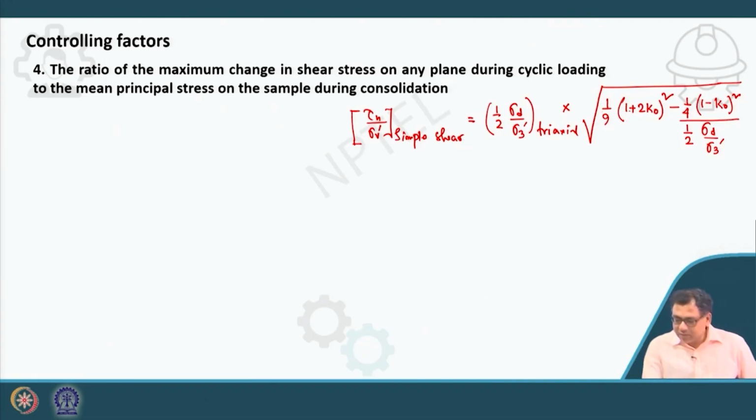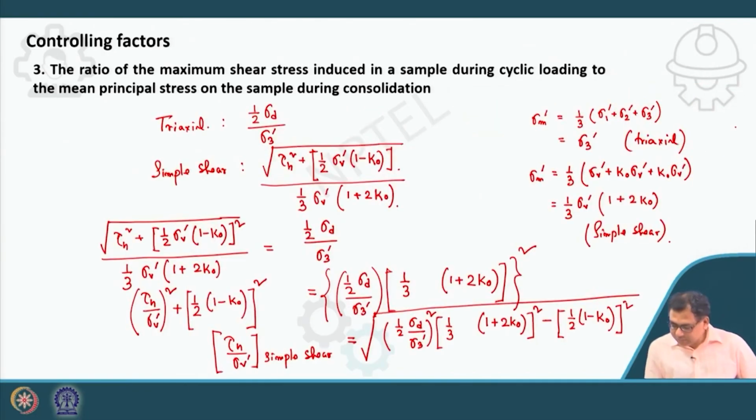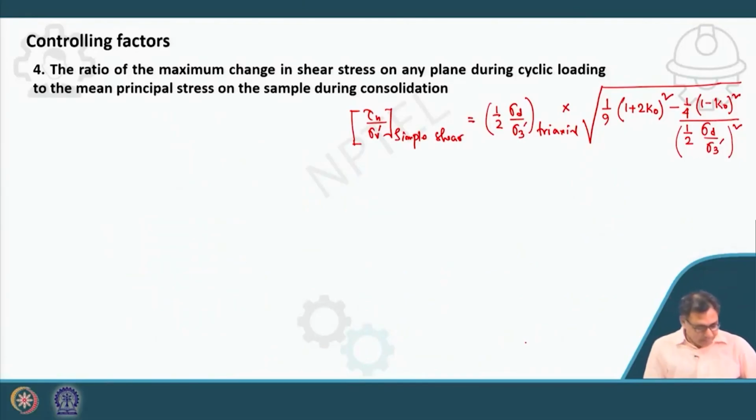This is 1 by 9, 1 plus 2k0 whole square minus 1 by 4, 1 minus k0 whole square, divided by, because I have taken this portion outside, half sigma d by sigma 3 dash, and this is squared. So the whole portion is within the root.